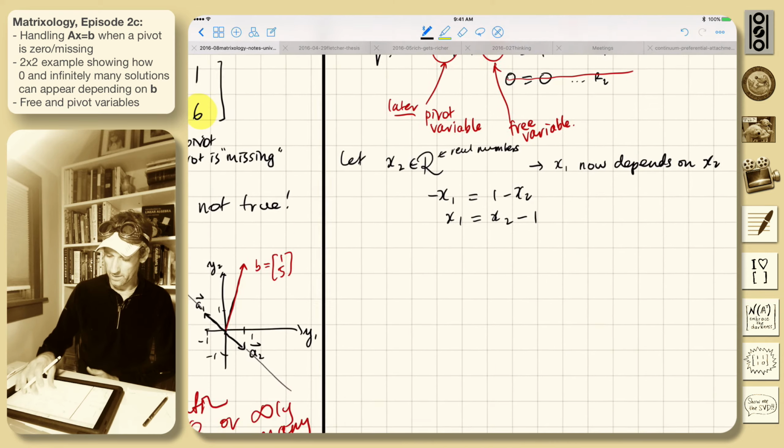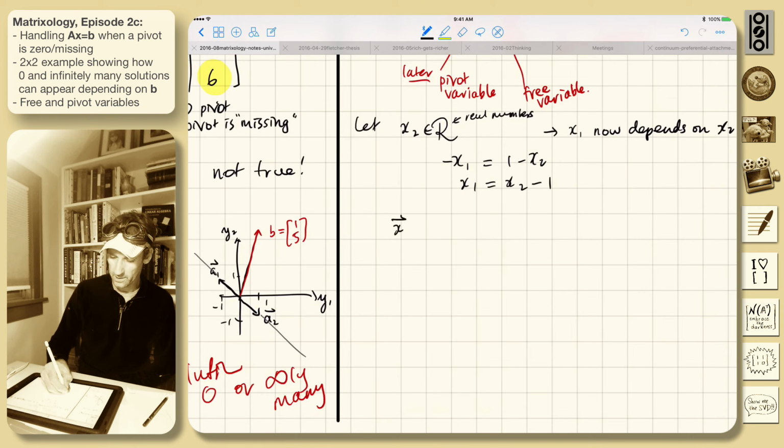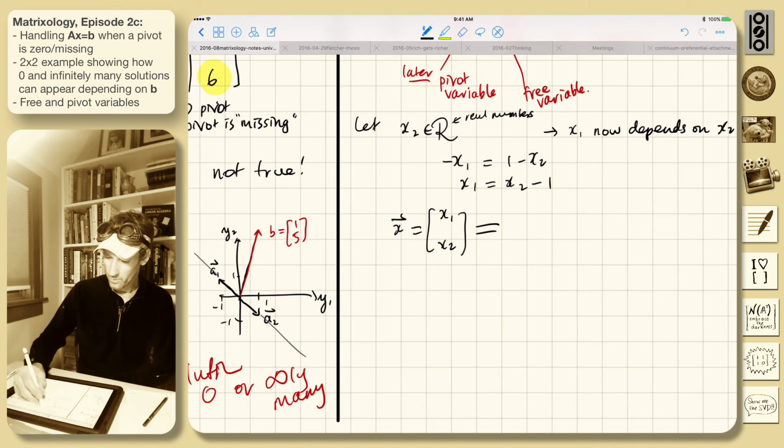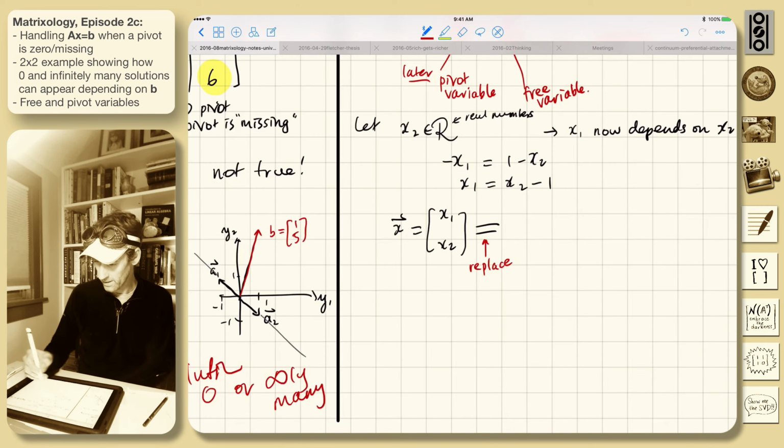And the way to then go forward with this is you replace x as our solution. We always do this. Again, this is foreshadowing. Replace pivot variables with expressions in free variables.